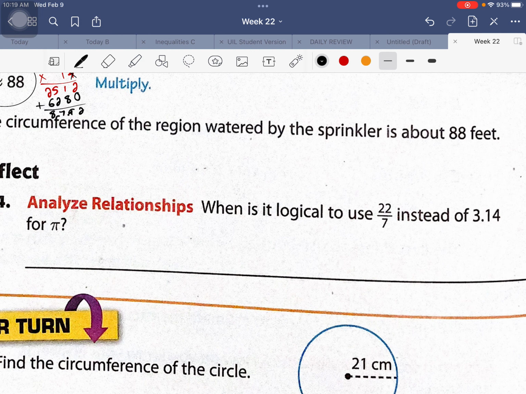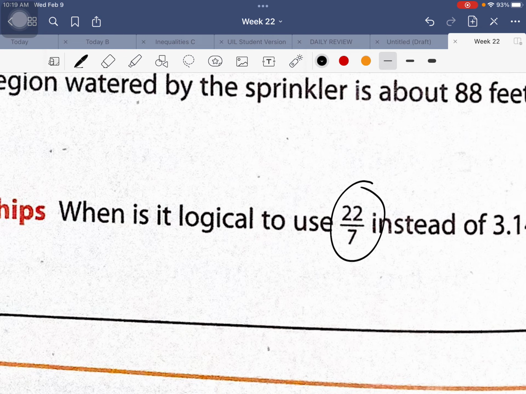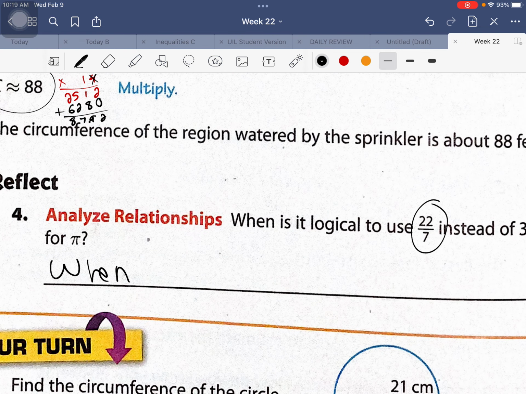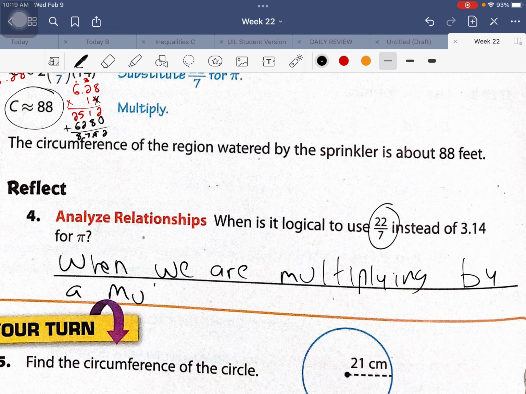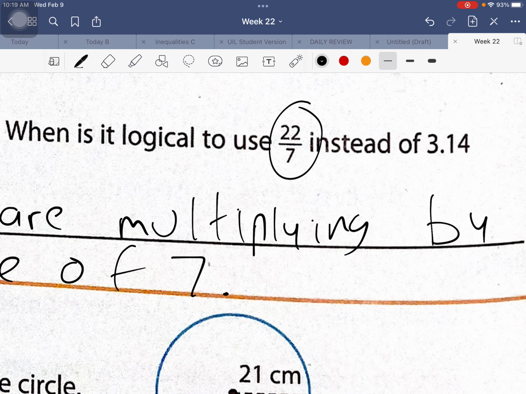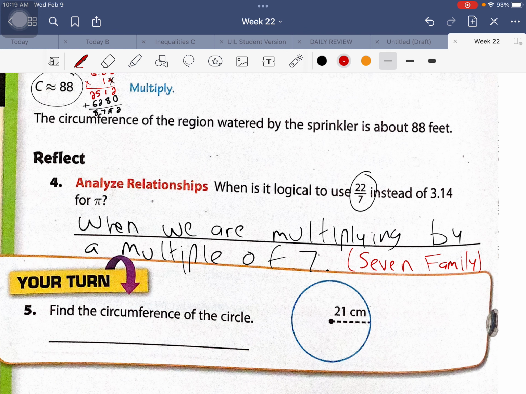It is logical to use 22 over 7 instead of pi when we are multiplying by a multiple of 7. The 7 family.